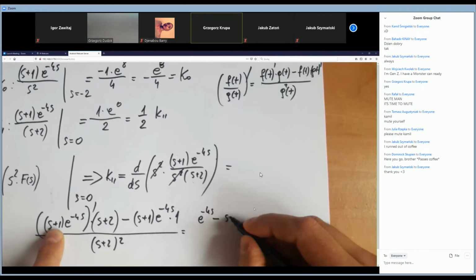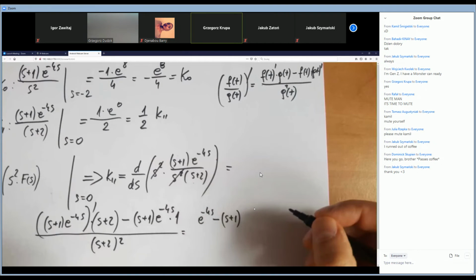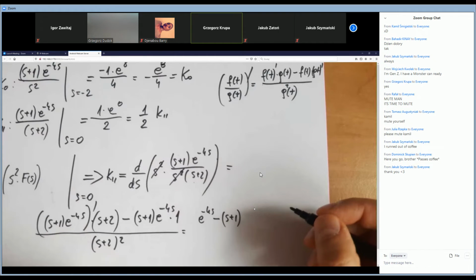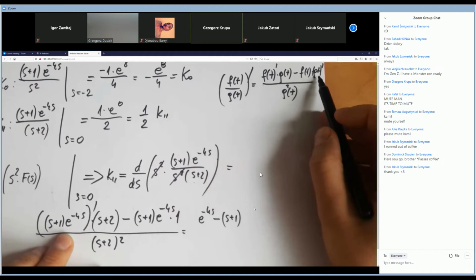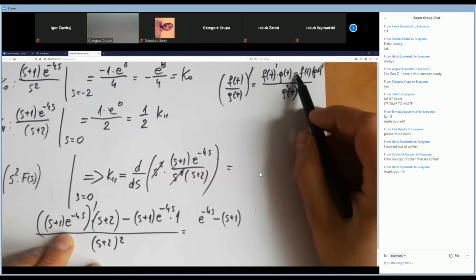I'm sorry, the product rule isn't with a plus inside? Because the quotient rule is f prime g(t) minus f(t) g prime, and the product rule is not the same. It's plus instead of minus. I think so.